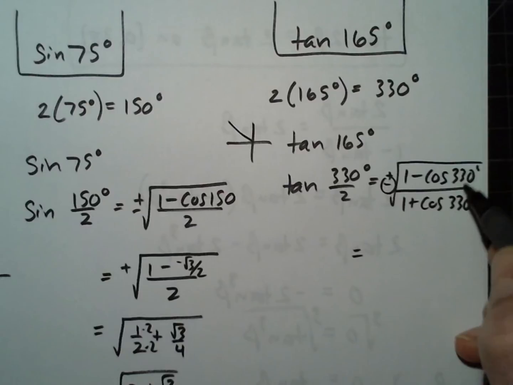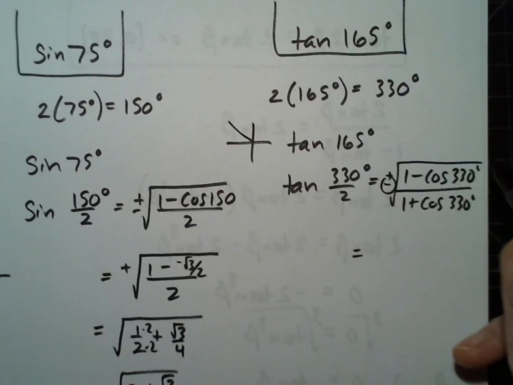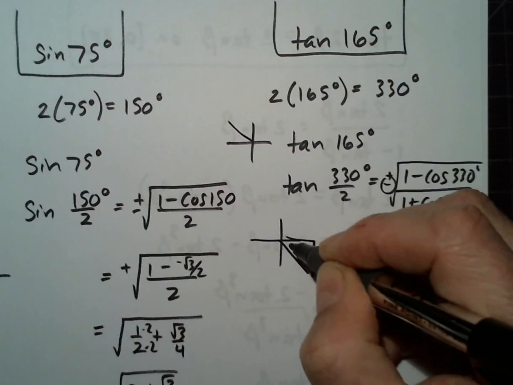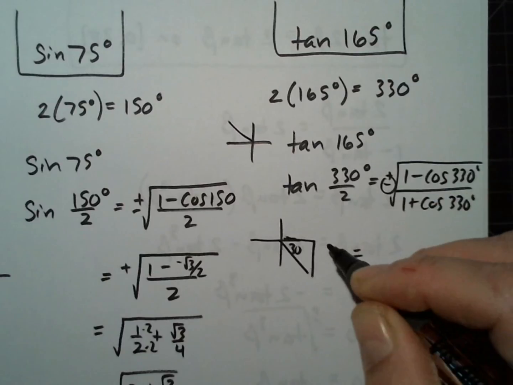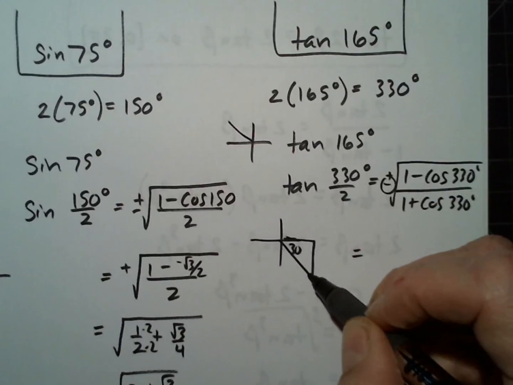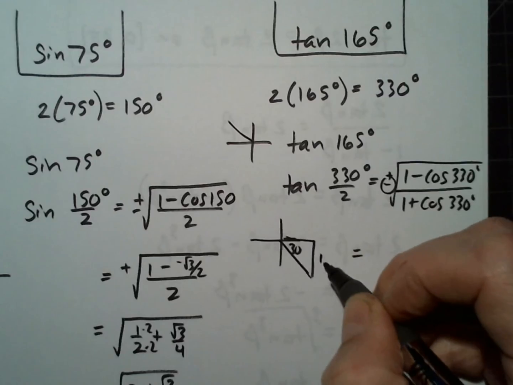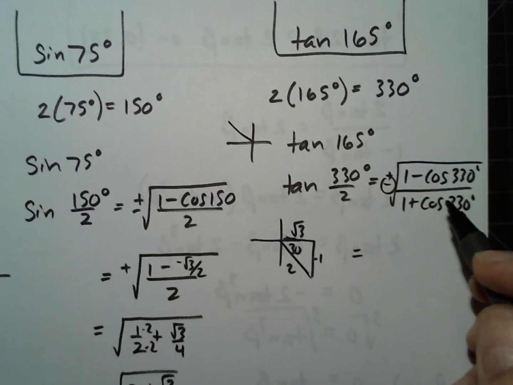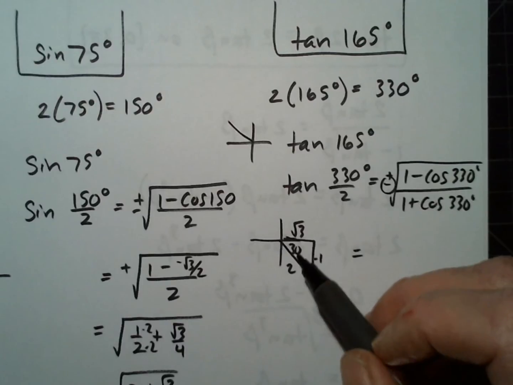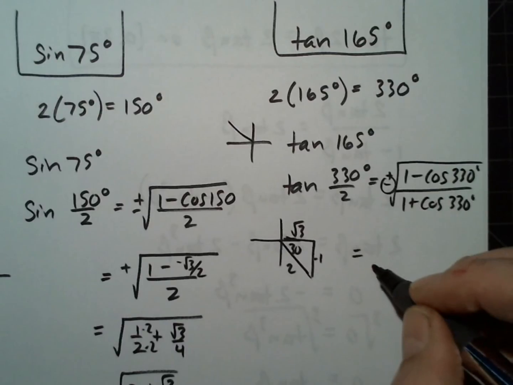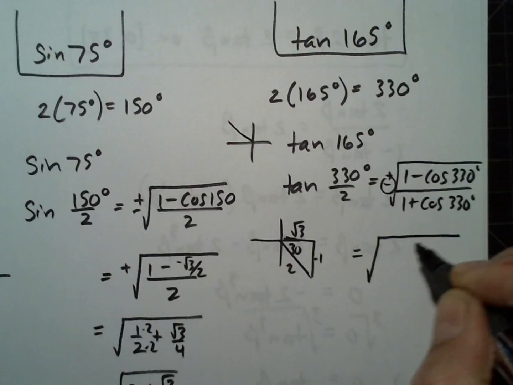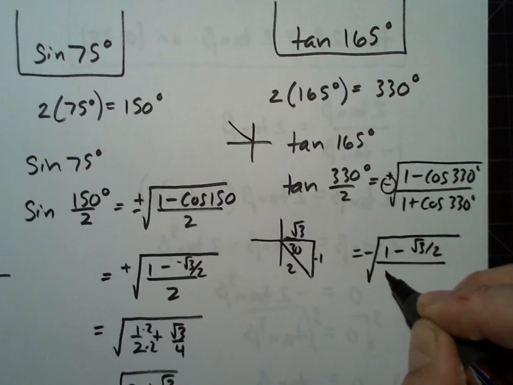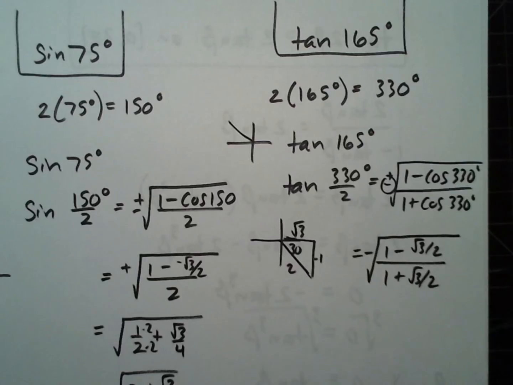So we want to make sure we use the negative here. We have to evaluate cosine of 330. 330 makes a 30-degree angle because that's 360, so that'll be 330 there. A 30-degree angle has the 1, 2, radical 3. So the cosine is radical 3 over 2. We will have negative the square root of 1 minus radical 3 over 2, over 1 plus radical 3 over 2.